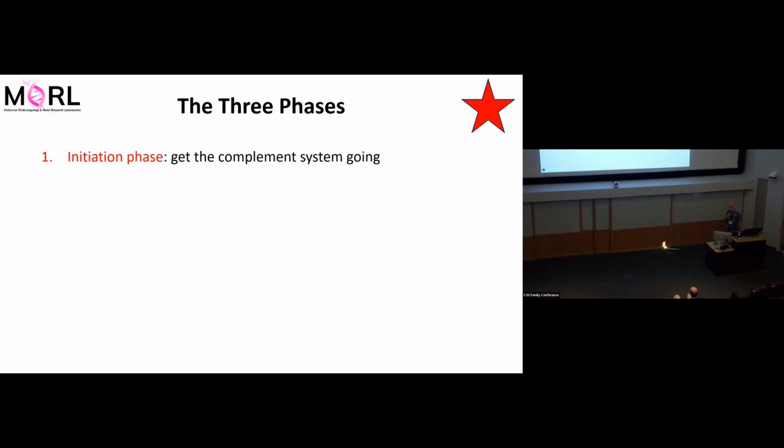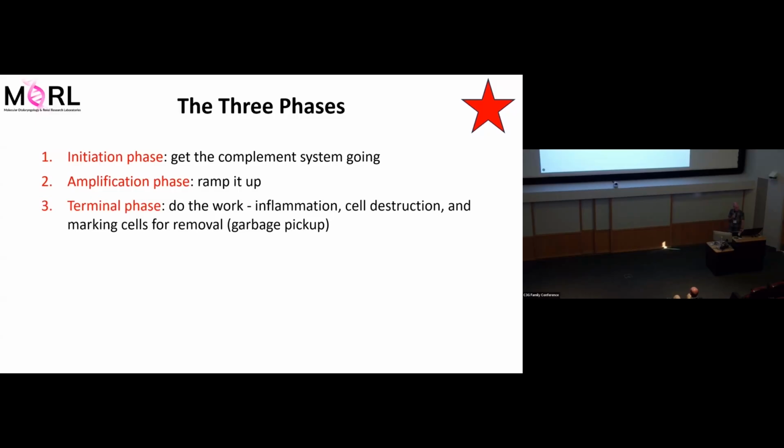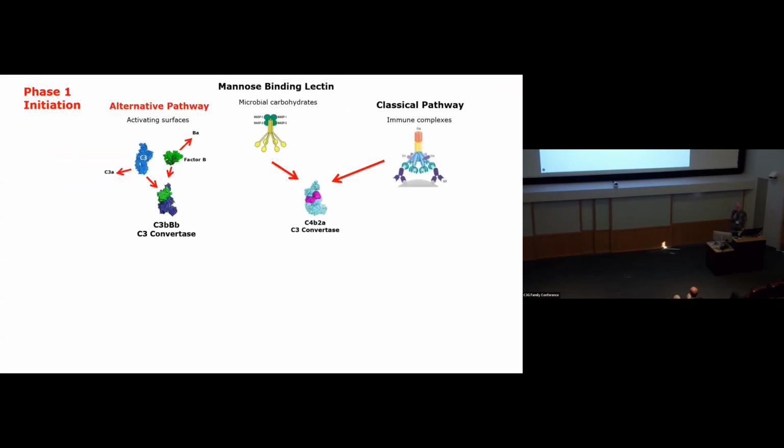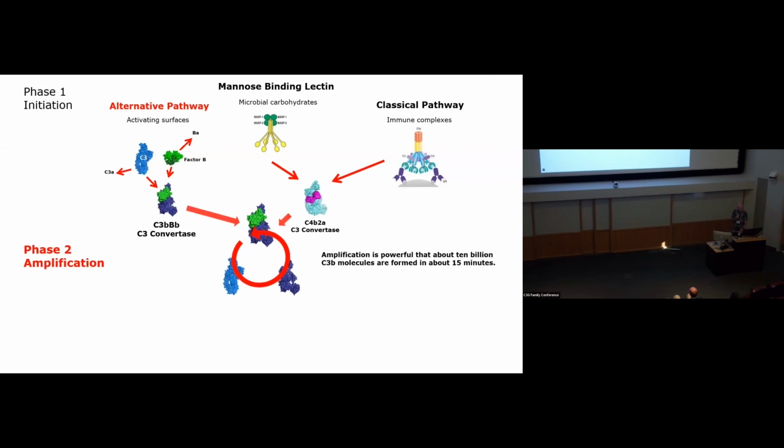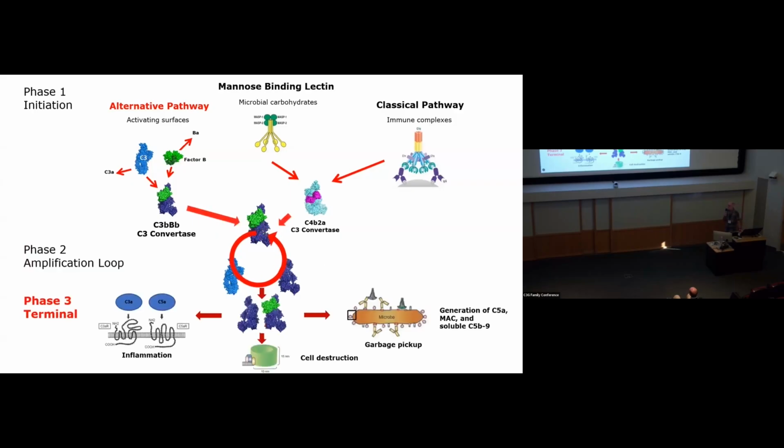So the three phases of complement activity are the initiation phase, the amplification phase, and the terminal phase. So this is another thing to remember. Complement has three phases. This shows the initiation phase, the amplification, and the terminal phase.